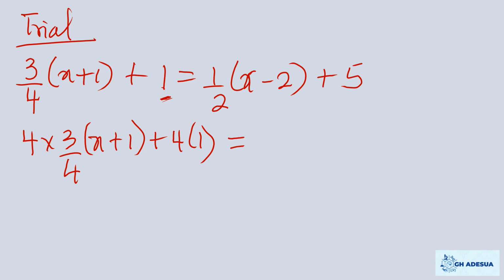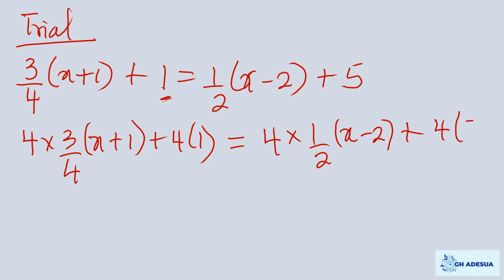Then we go to the other half. That's 4 times 1/2 (x - 2) plus, see that the 5 is also hanging loose, so 4 times 5.